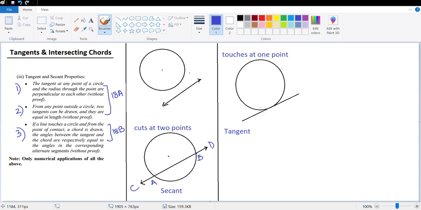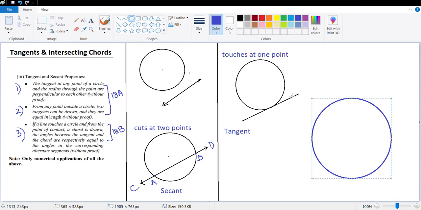Next is a tangent, which touches the circle only at 1 point. We use the concept of tangent a lot in physics, where we talk about circular motion. It says the direction of motion of an object at any given point is given by the direction of the tangent at it.